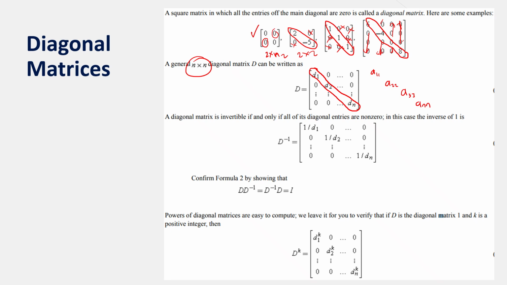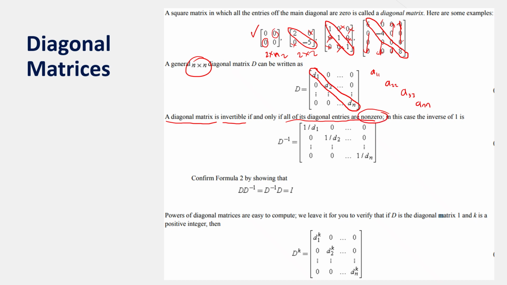Now, since we know that the inverse of a matrix plays an important role in solving linear equation systems, what about the inverse of a diagonal matrix? A diagonal matrix is invertible if and only if all of its diagonal entries are non-zero.